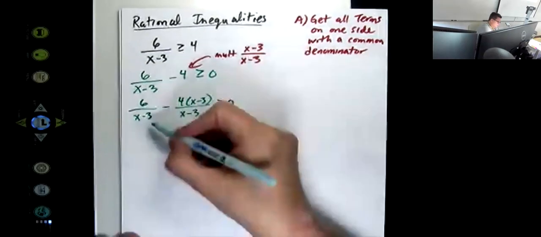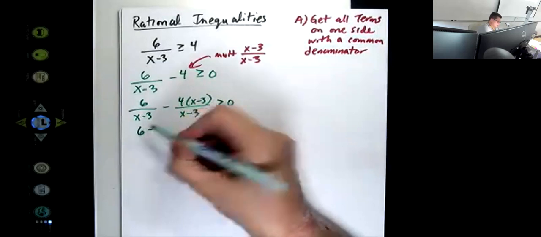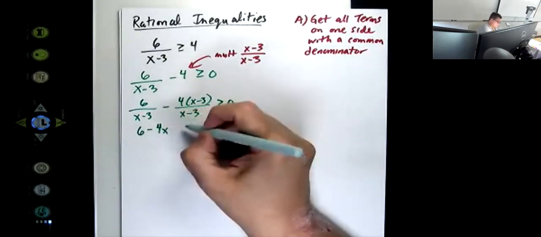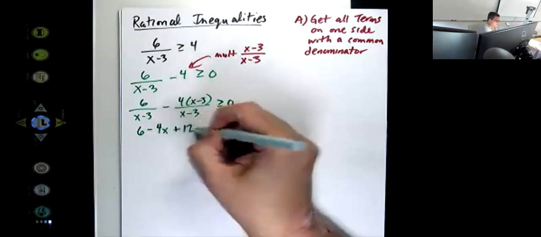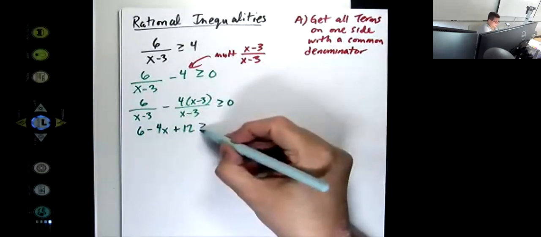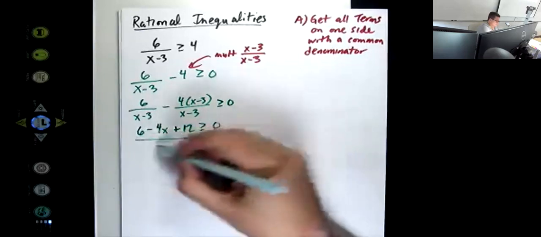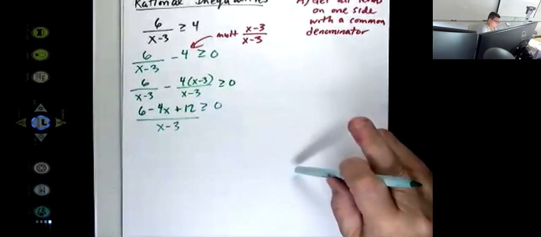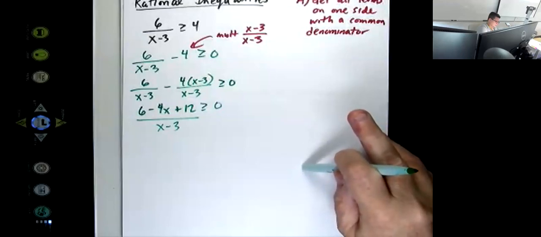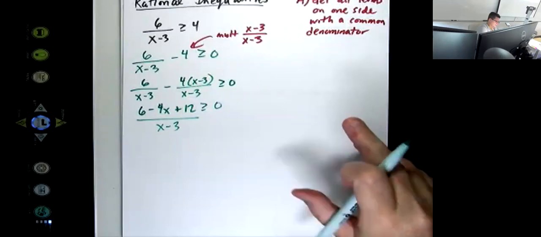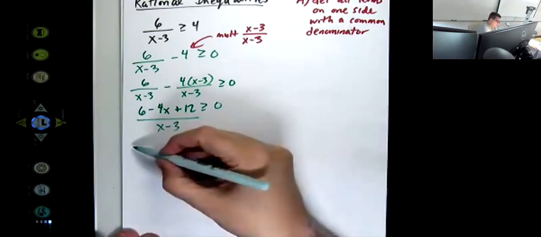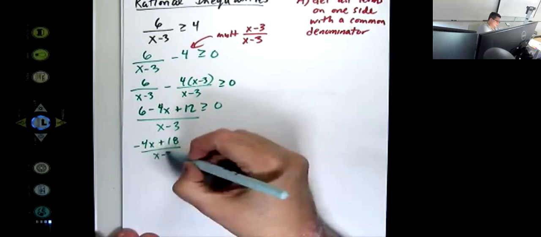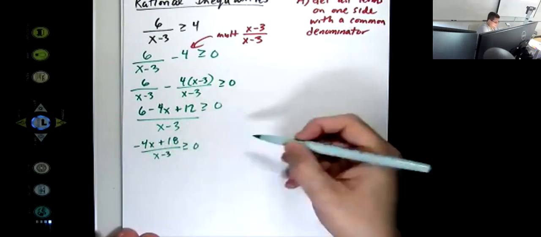And now we'll make it one fraction. I'm going to distribute at the same time. 6 minus 4x plus 12 over x minus 3. So this is negative 4x plus 18 over x minus 3 is greater than or equal to 0.